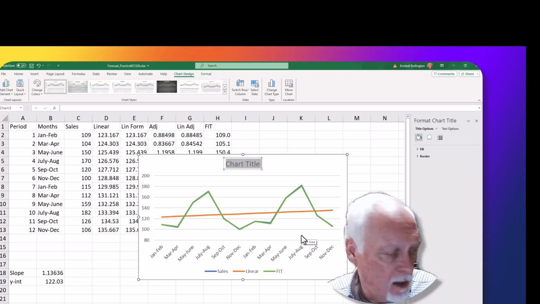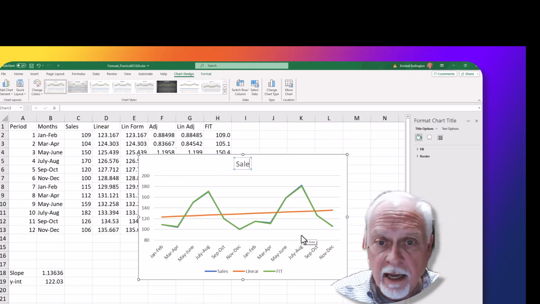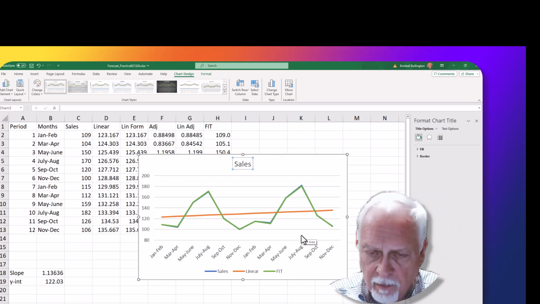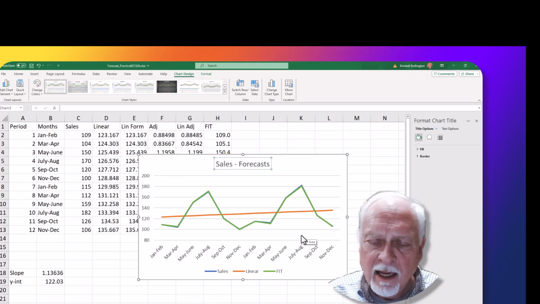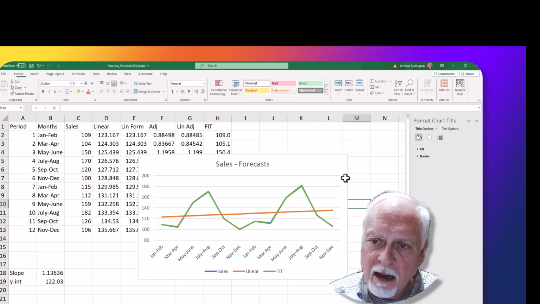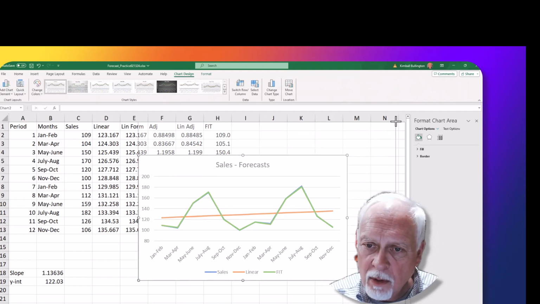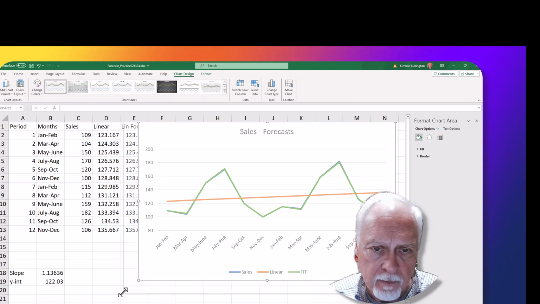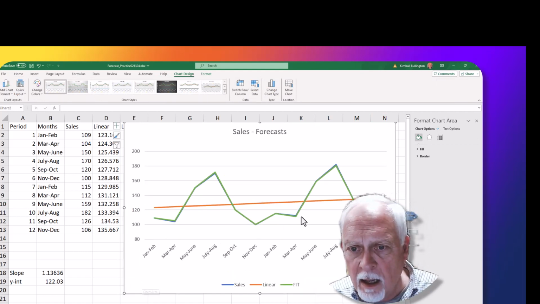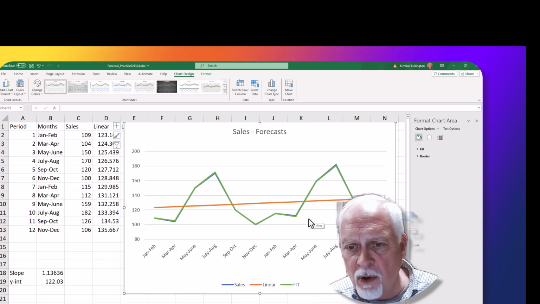And the chart title is Sales and Forecast. And our forecast is so overlapping that for all practical purposes it is identical.